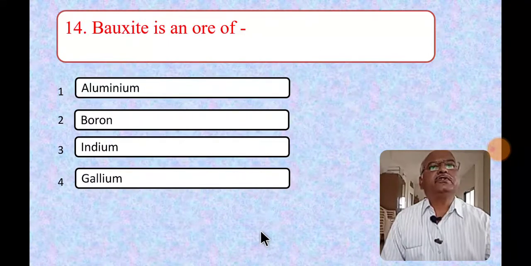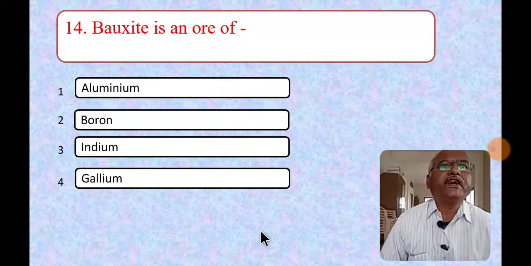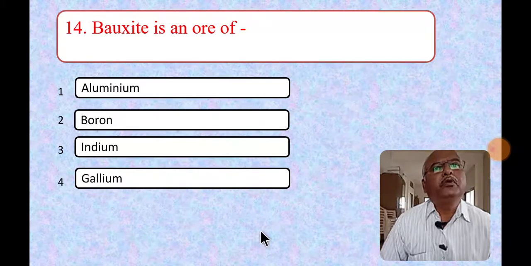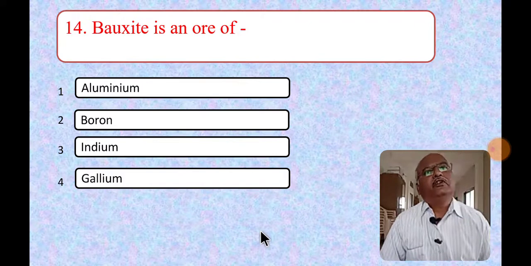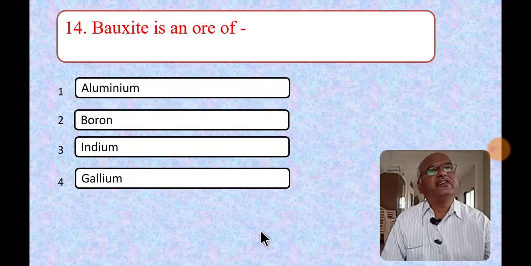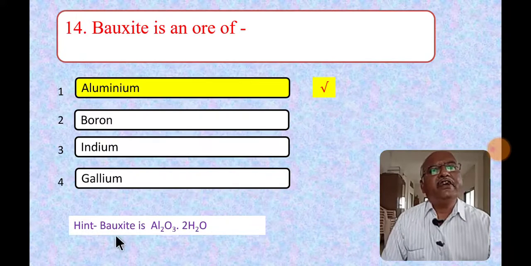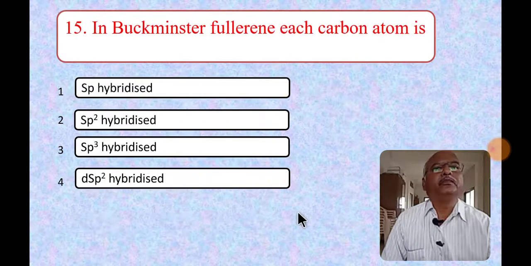Next, question number 14. Simple question. Bauxite is an ore of aluminium, boron, indium and gallium. So select the correct answer. Aluminium is the correct answer. Bauxite is Al2O3 2H2O.